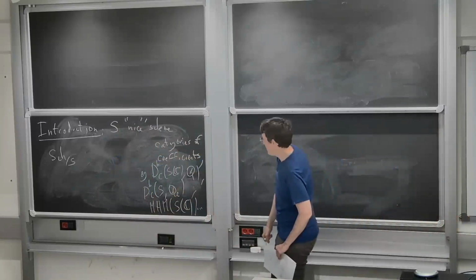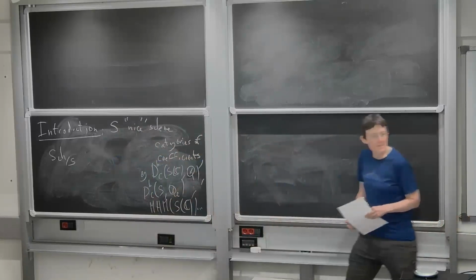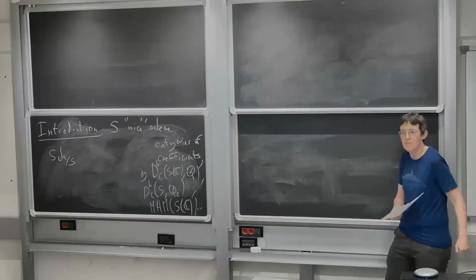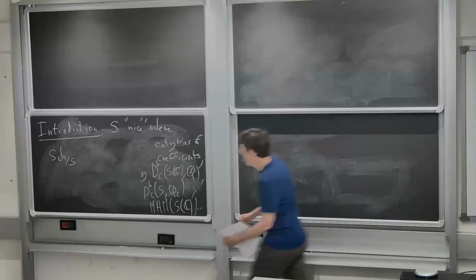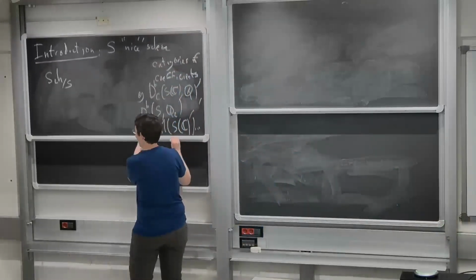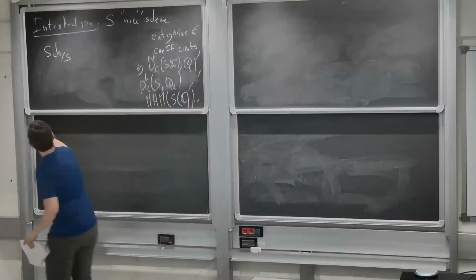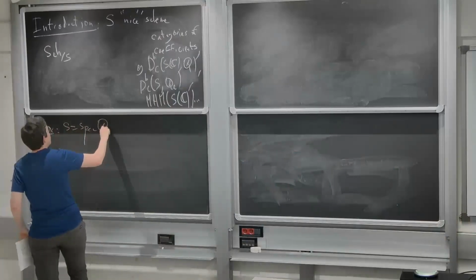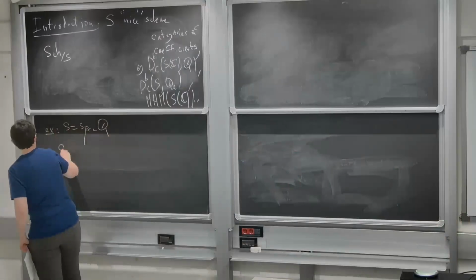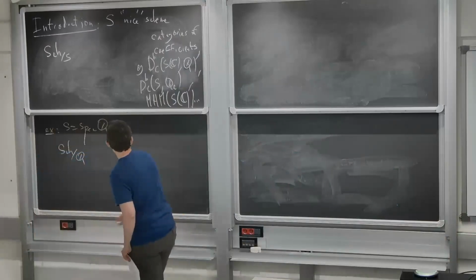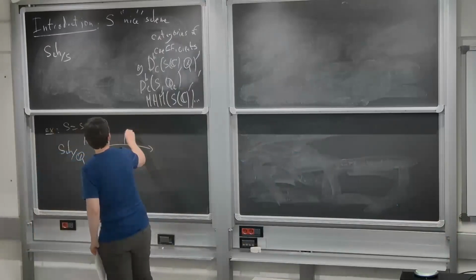Okay, and then, let's say S is Spec Q. So you have this category of nice schemes over Q, and then you have these cohomology theories.